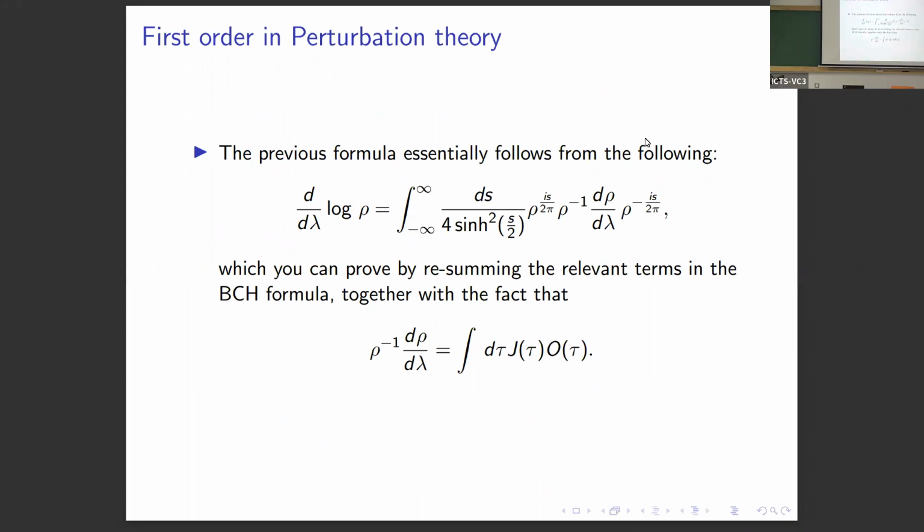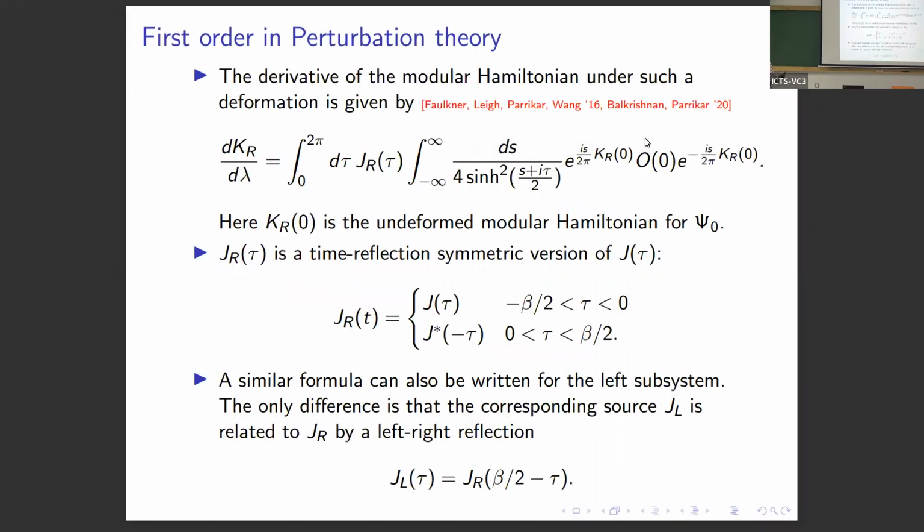The only thing you need to know is how the log of that density matrix changes. Of course, that's a little bit subtle because rho and d rho by d lambda may not commute with each other. So you have to do a little bit of resummation to write an explicit formula for d by d lambda of log rho, but it's something you can do. And once you plug this in, you get a very explicit formula for the change in the modular Hamiltonian under this coupling. Some of the details are not super relevant.